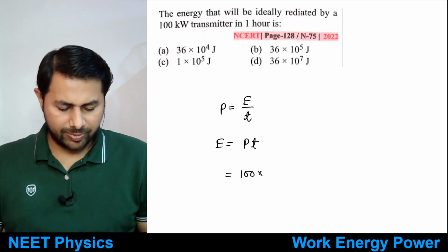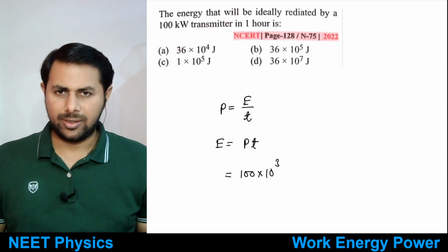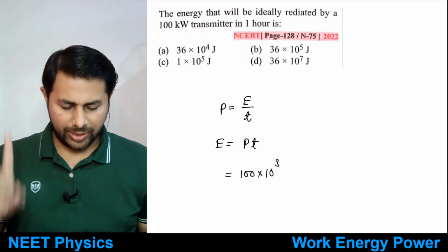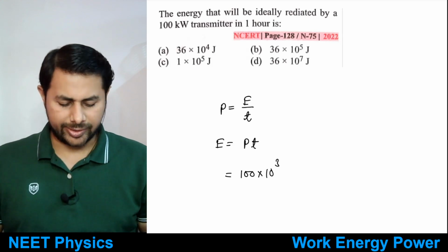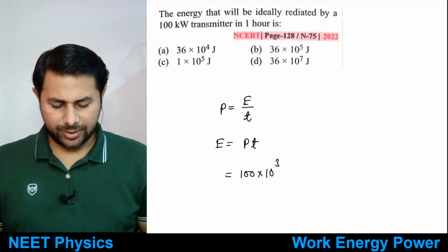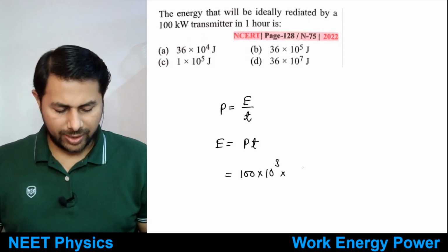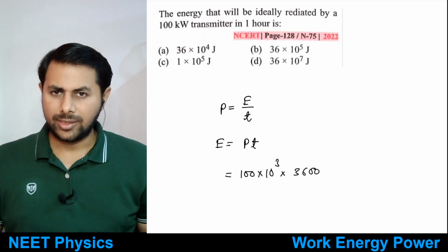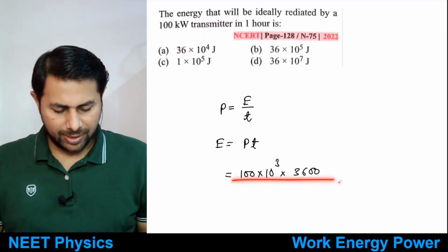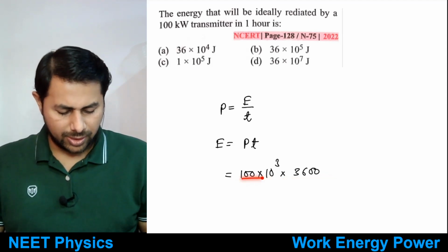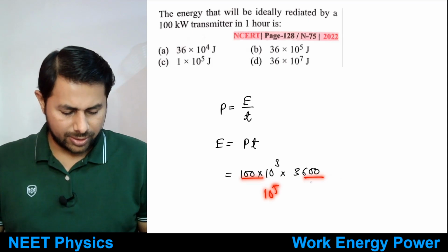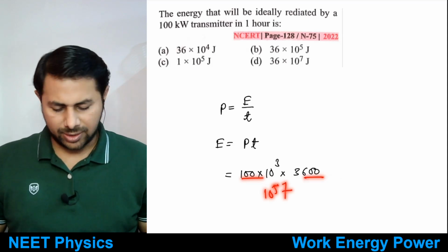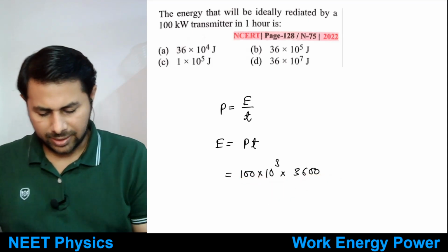So 100 kilowatt means 100 into 10 raised to 3, right? 1 kilowatt is equal to 1000 watts. And you have 1 hour, meaning 3600 seconds. Just multiply this out. So this is 10 raised to 5, this is 10 raised to 7, 36 into 10 raised to 7 is the answer.